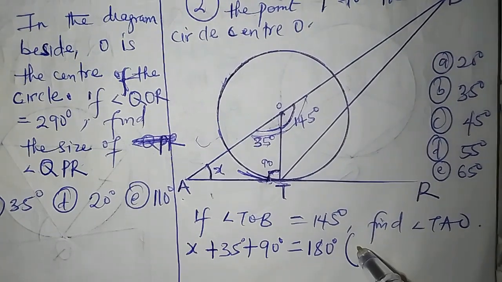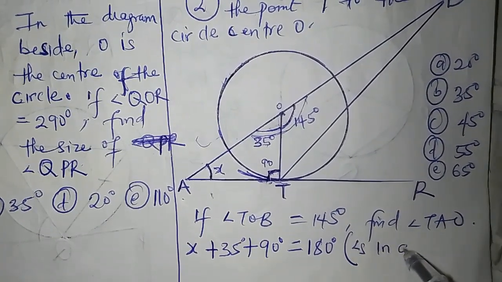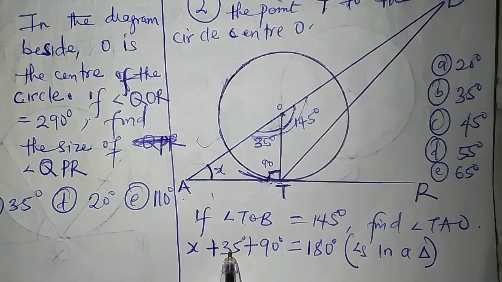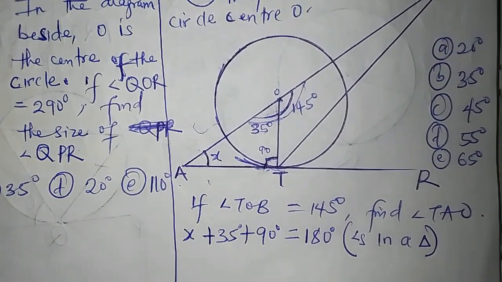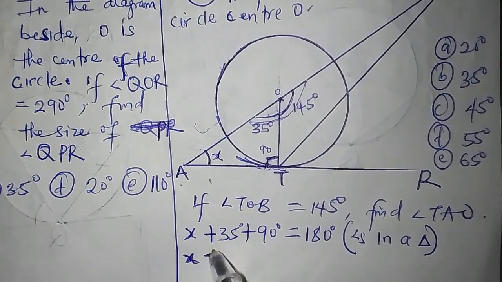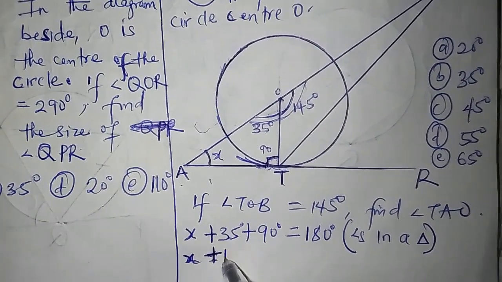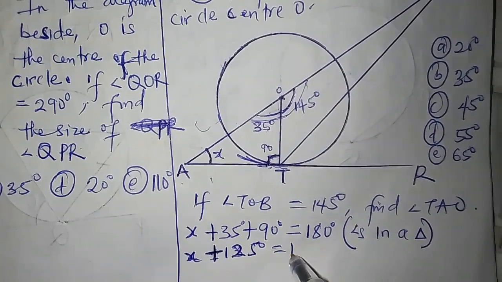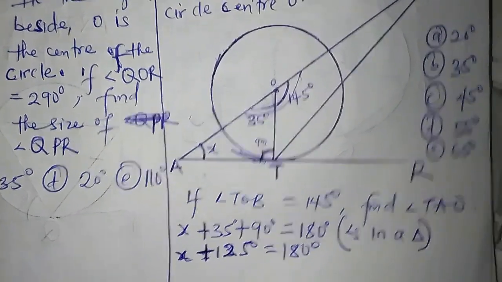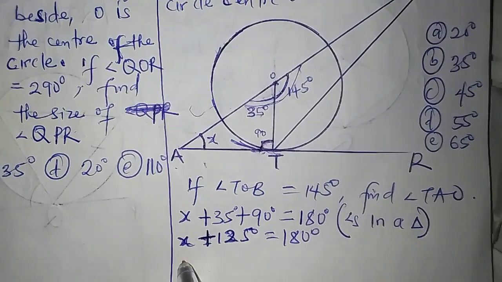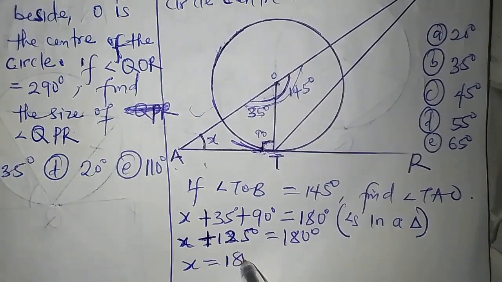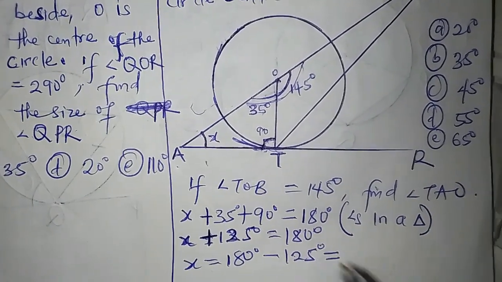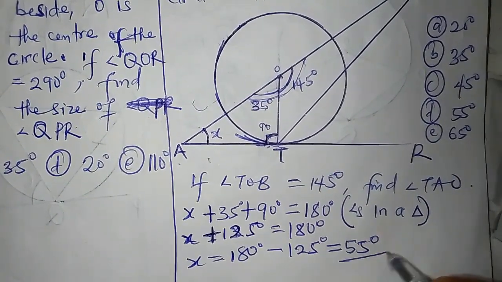The reason is the sum of angles in a triangle. 35 plus 90 is 125. X plus 125 is equal to 180 degrees. So if I collect like terms, X is equal to 180 minus 125, and that's equal to 55 degrees.